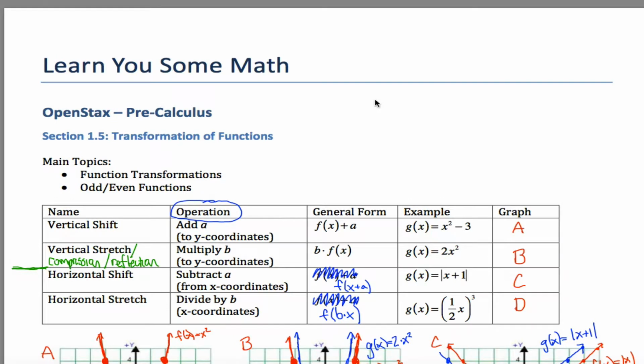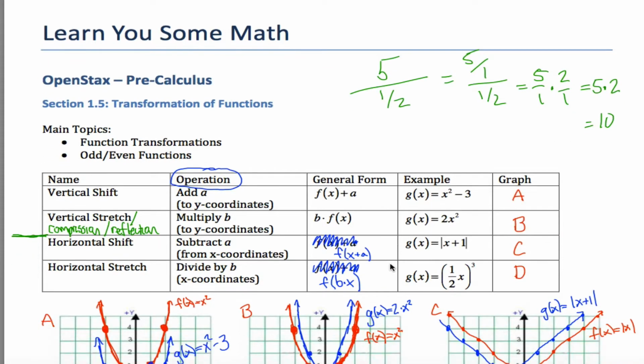If I have a number like 5 and I divide 5 by 1/2, dividing by 1/2 is the exact same as multiplying by 2. So yes, a lot of books will tell you that what you do in this case is you multiply it by 2.